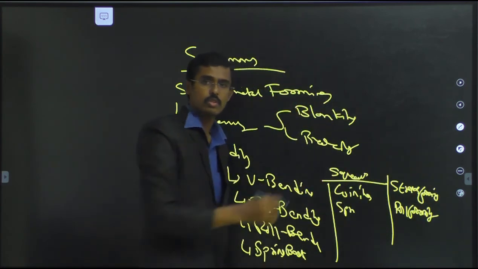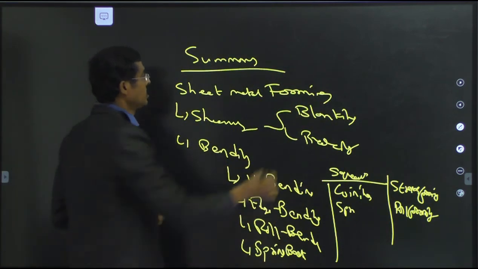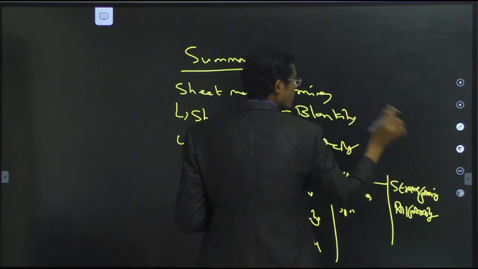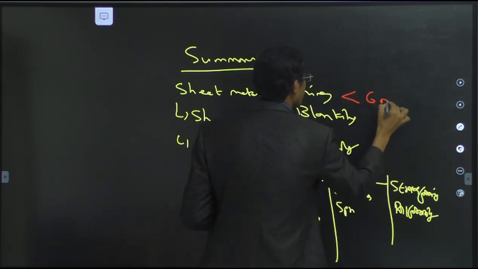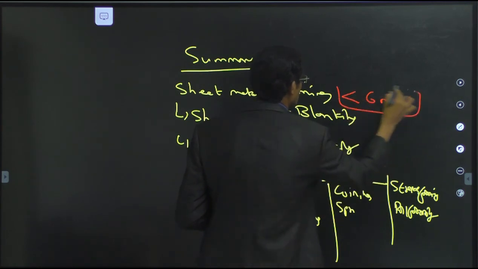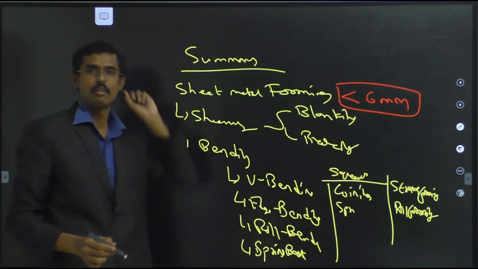These are various topics of sheet metal forming, which belongs to thickness less than 6 mm. The entire process happens within sheet metal forming.